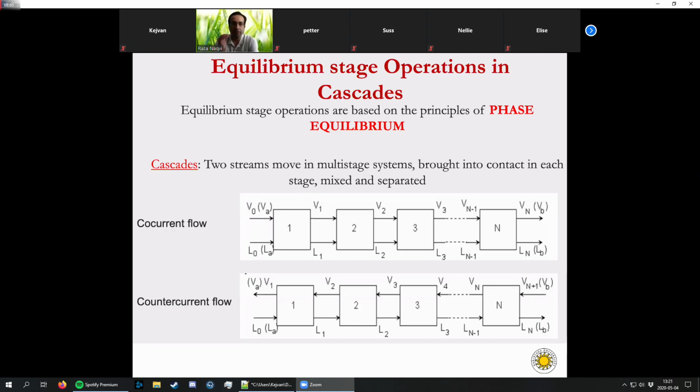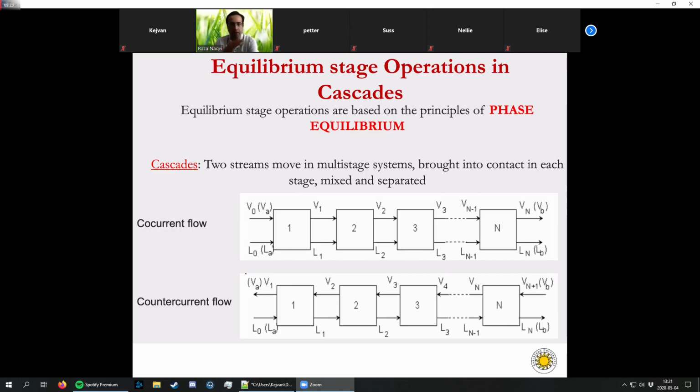Normally, equilibrium stage operations are based on the principle of phase equilibrium. When we say phase equilibrium, it means the rate at which liquid is converting to the vapor phase will be equal to the rate at which the vapor phase is converting back to the liquid phase.